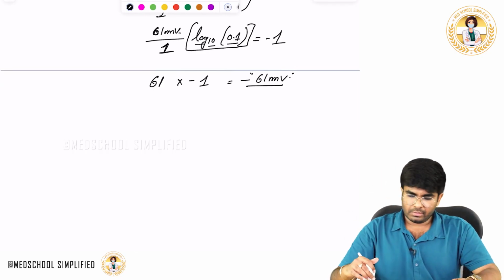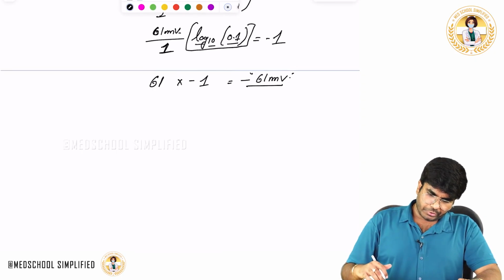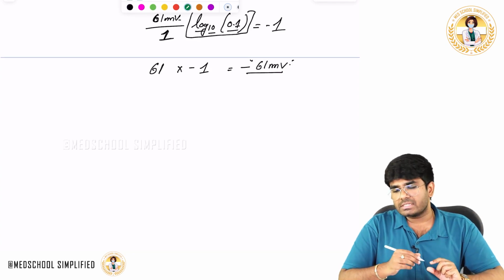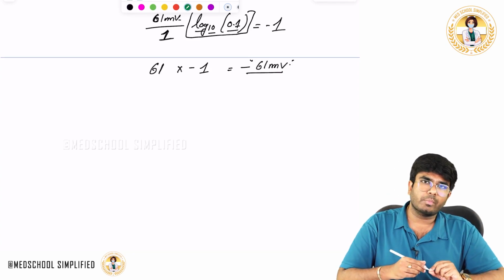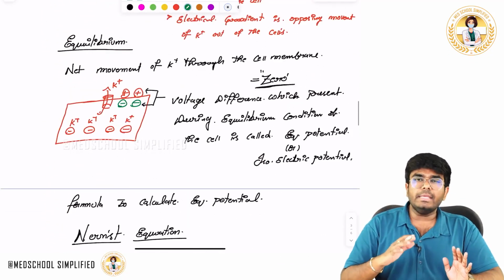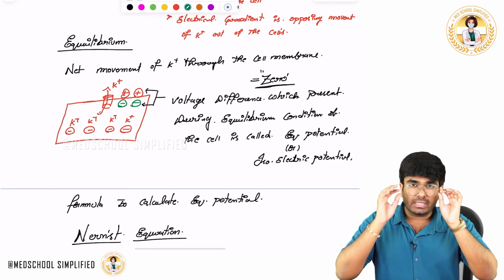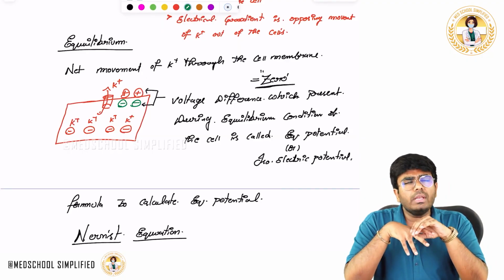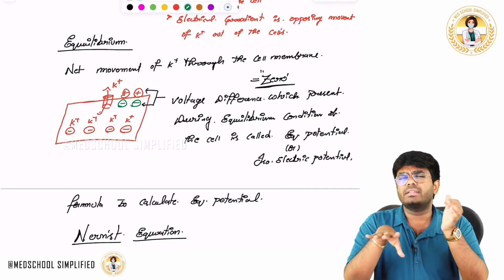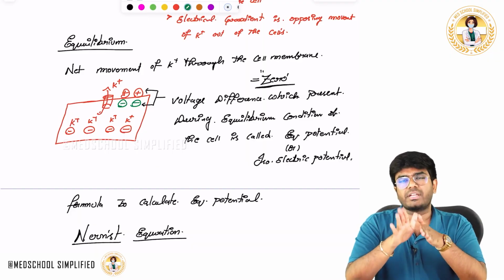Now my question to you: this equilibrium potential, is it the resting membrane potential? No, this is just the equilibrium potential. It is not the resting membrane potential. For example, imagine in this cell only leaky potassium channels are there, no leaky sodium channel, no leaky chloride channel, nothing else.